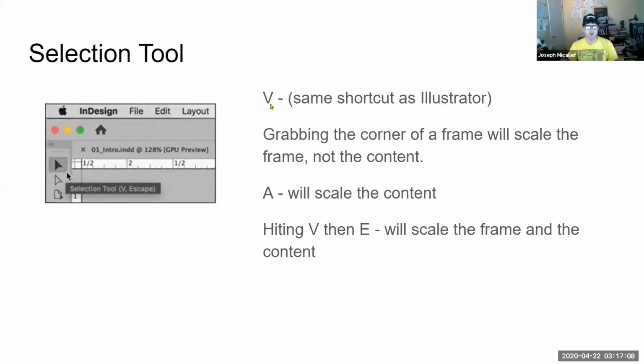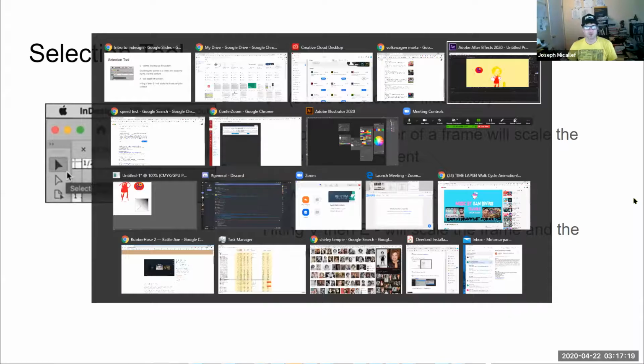The V tool, the select tool, is the same as Illustrator. But let me show you how these things work in an actual example that I have set up.